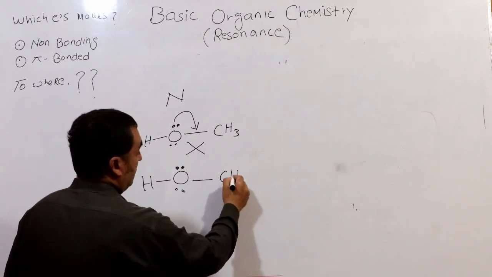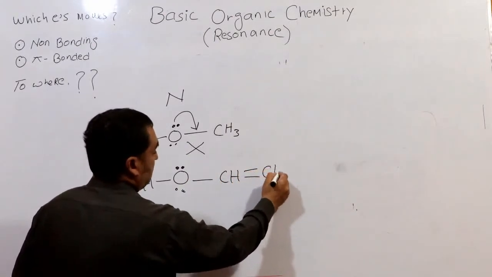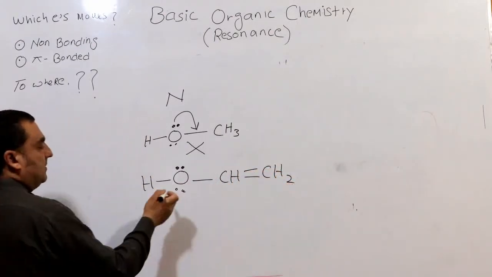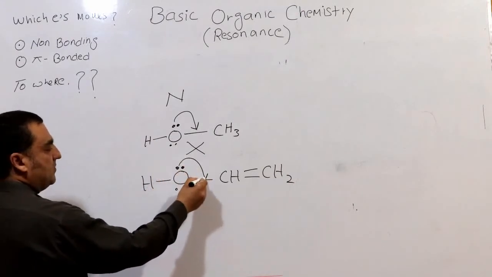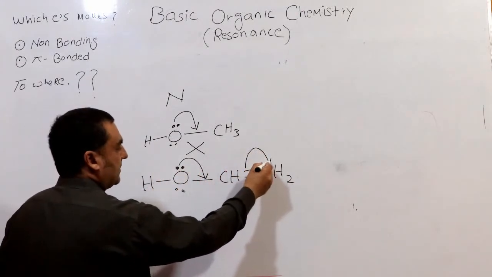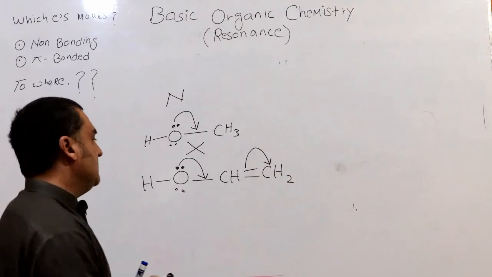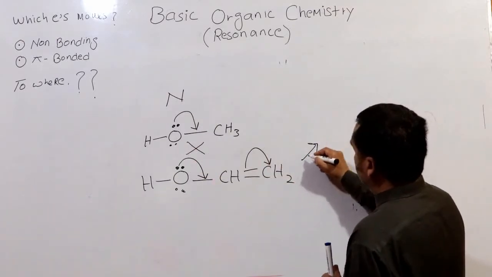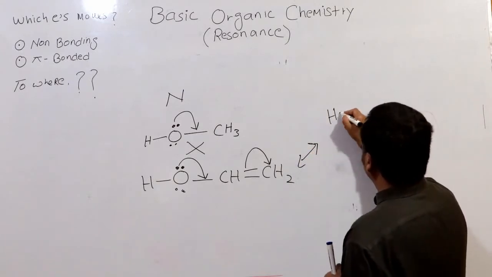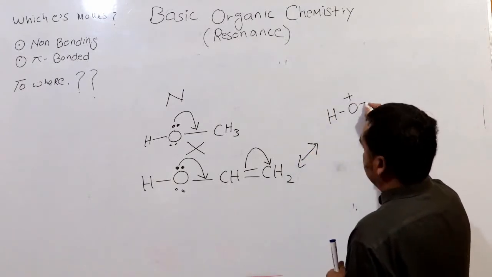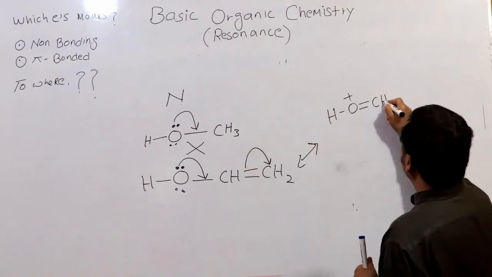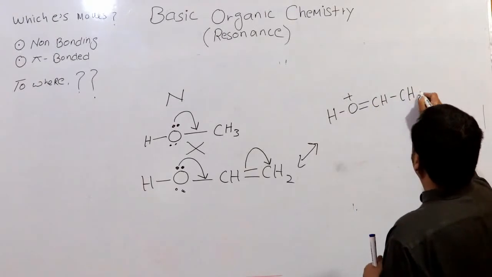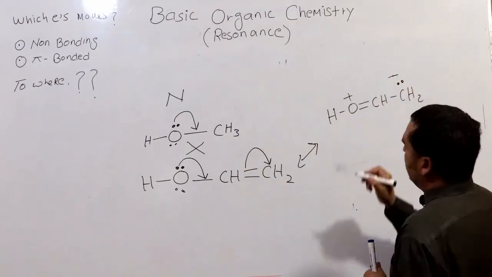If here was supposed to be a double bond, then now this electron can move here and those will move here, okay. So what would happen here? You will see HO plus, double bond, CH, CH2 negative, okay.